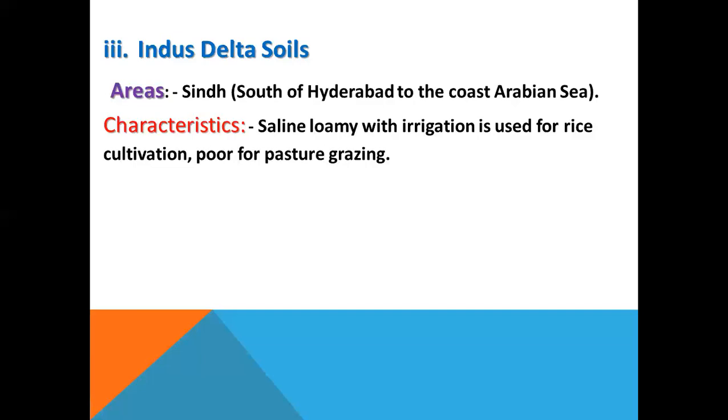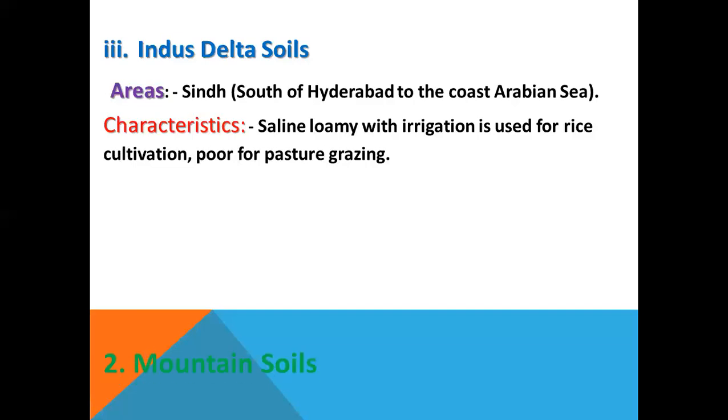Saline loamy soils cover most of the delta. Extensively saline patches can be used only for poor grazing. Some parts with salt crust on the surface have been reclaimed.